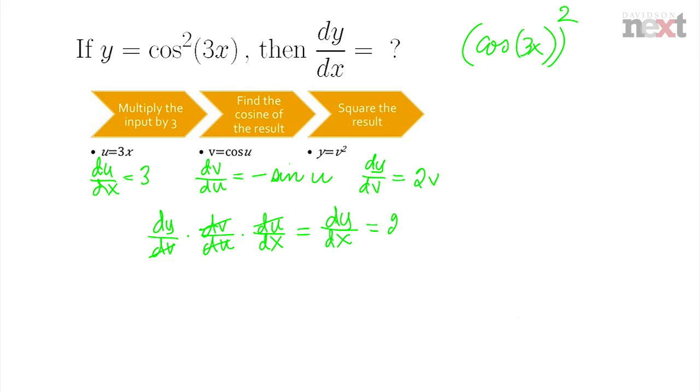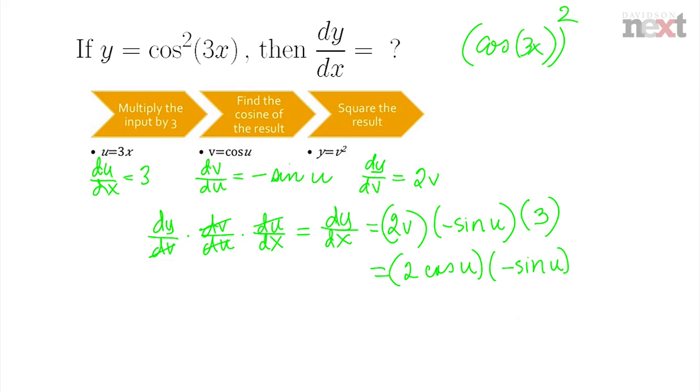So dy dx is equal to 2v, that's dy dv, times negative sine u, that's dv du, times 3, that's du dx. Remember that v is cosine u. So this is 2 cosine u times negative sine u times 3.